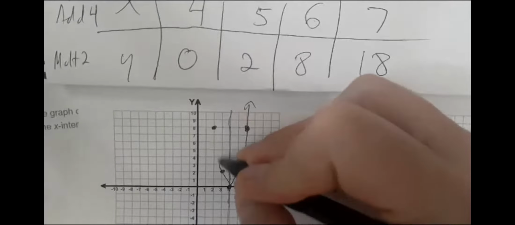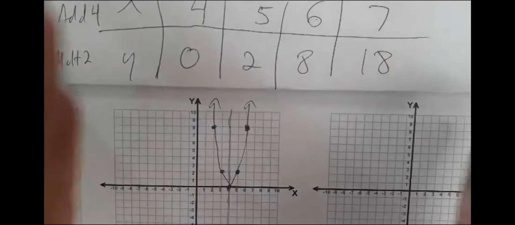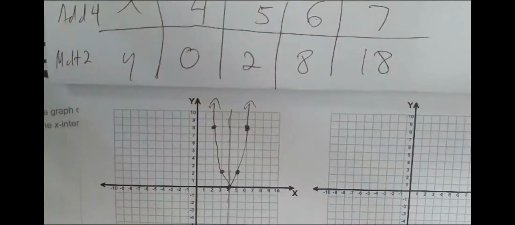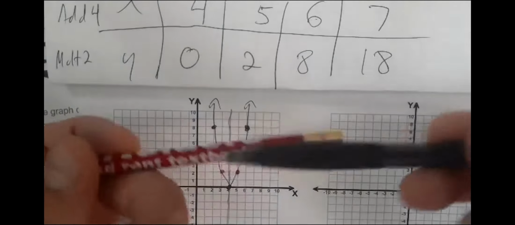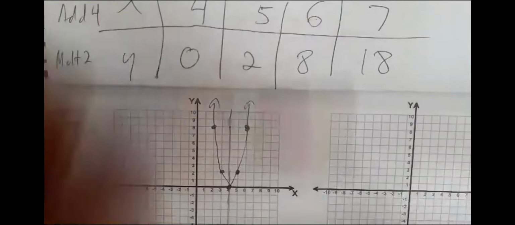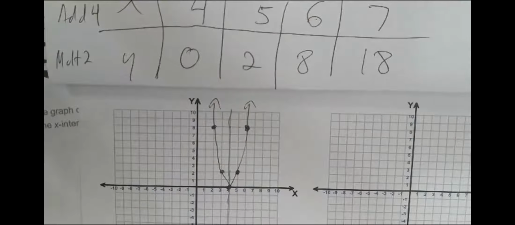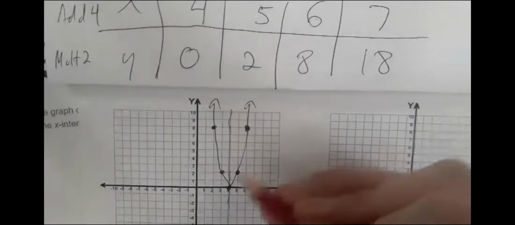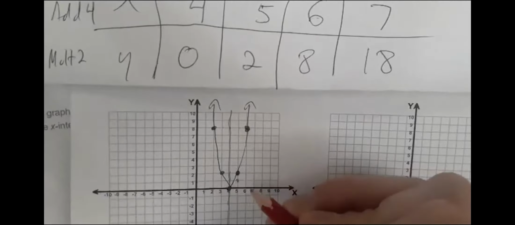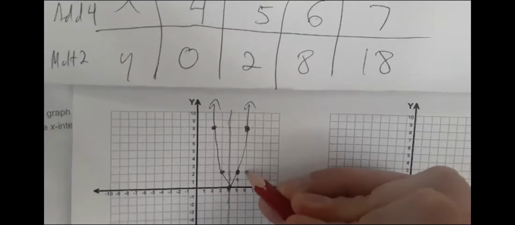You could think of it as maybe pushing it in this way, but that's not the way our book thinks about it. They think about this as a stretch. So we're stretching it out this way. Yeah, I just mean it's sort of closing. So a normal parabola would be what? 1, 1, 2, 2, 3, 4.